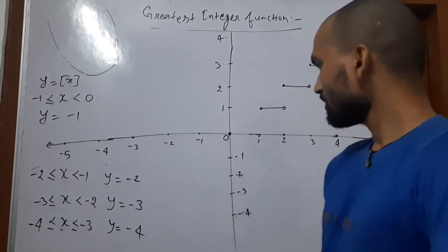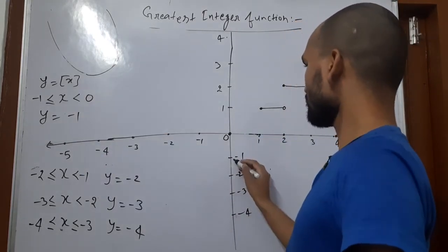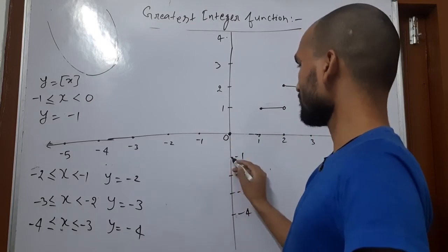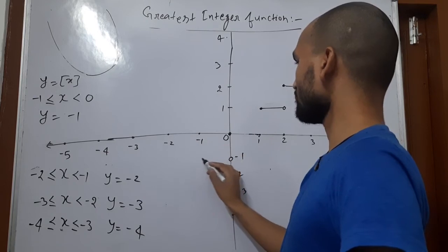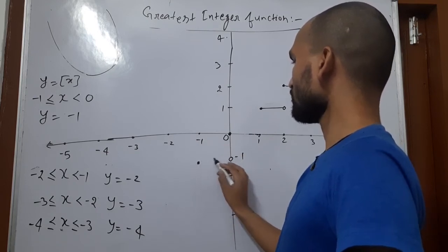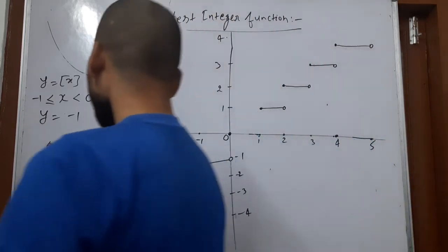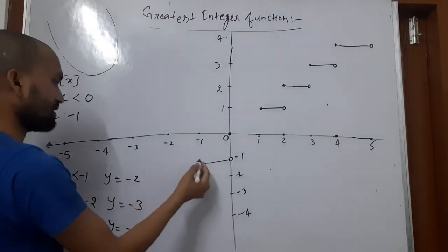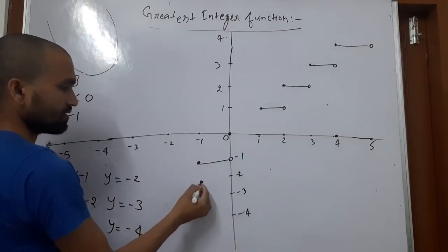We have not included here 0, so we should take here -1 line but hollow circle in front of 0, and we have included -1, so we should take solid point in front of -1.